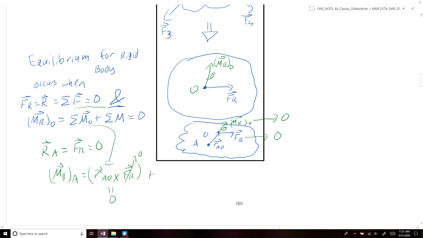And then we had to add our couple moment, which was equal to the resultant moment at O, which we know is also equal to 0. So our equilibrium condition would be satisfied at point A as well. So in conclusion, if you find the equilibrium condition at one point in a rigid body, any point within the rigid body would also be considered to be in equilibrium.